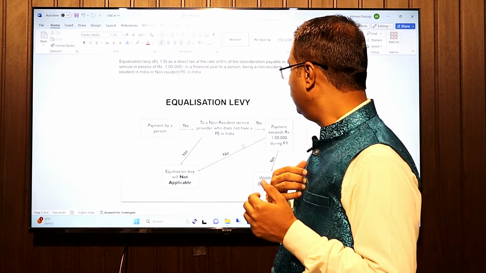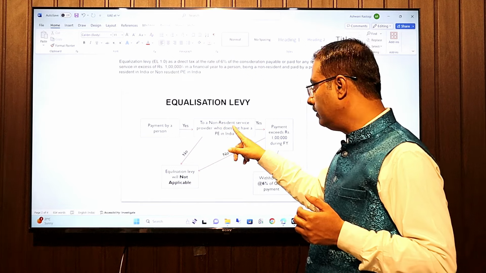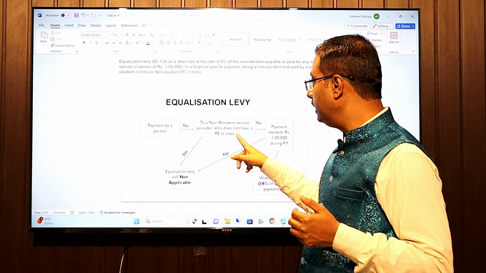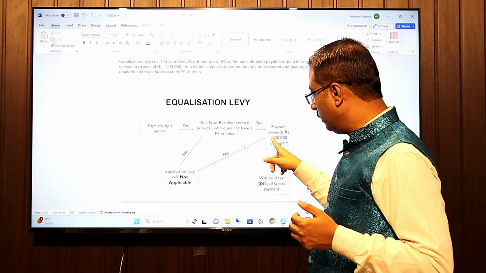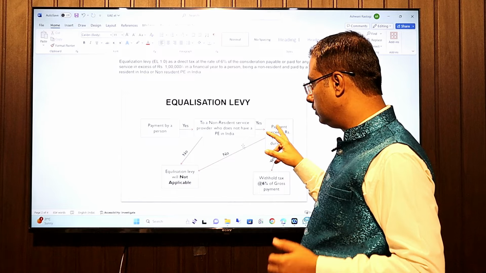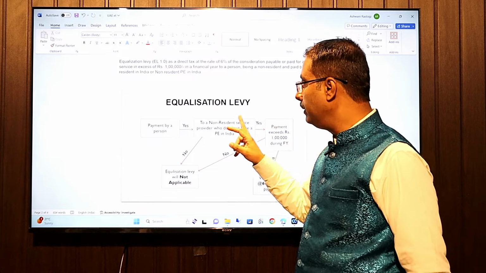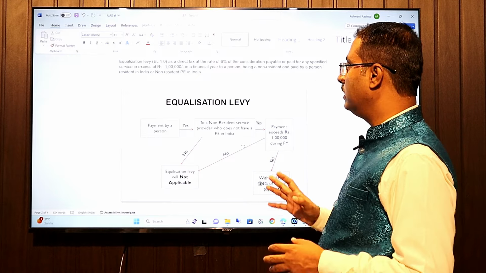I am paying more than 1 lakh to Google, who is a non-resident and does not have a PE in India. So on my payment to Google of more than 1 lakh, I need to deduct equalization levy of 6%. This is the withholding of equalization levy.